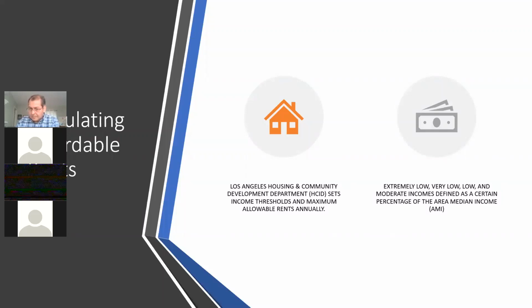So extremely low, I think, is 30% of the area median income. Very low is like 50% of AMI, and then low is I think it's like 70 or 80 AMI. But that's basically just how those are calculated and how you need to figure it out when you're planning to develop a partially affordable project.